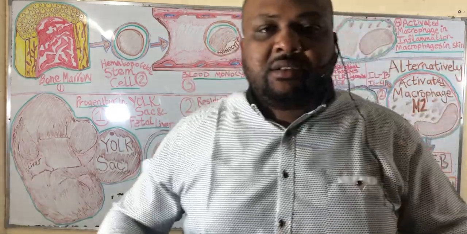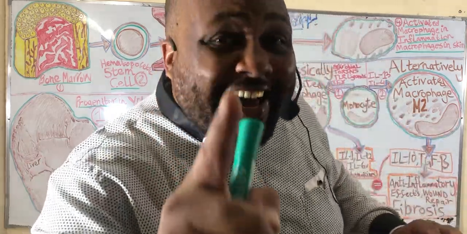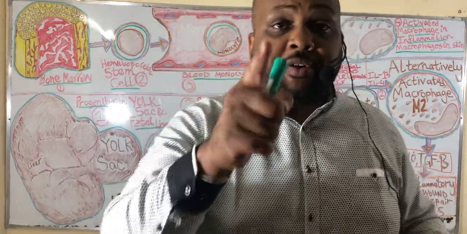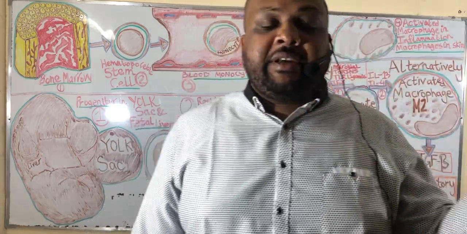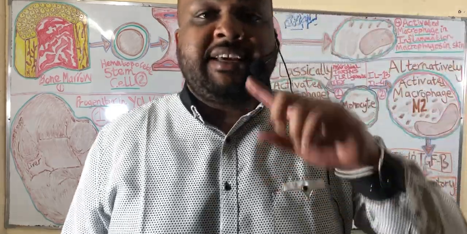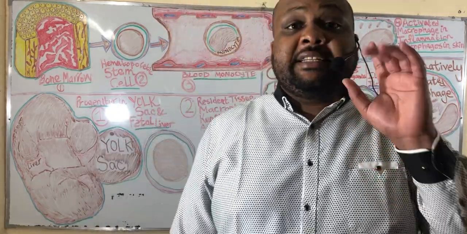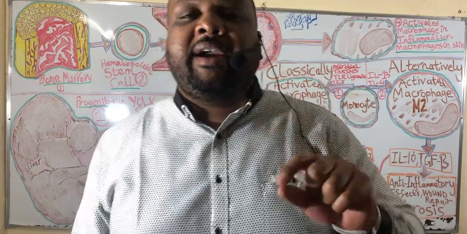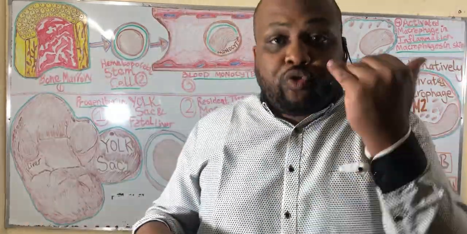The resident macrophages come from the embryonic yolk sac and the liver in the embryonic development, while the circulating macrophages in the blood are inactive macrophages that become activated once they detect the cytokines being released by these stationary macrophages to recruit them.